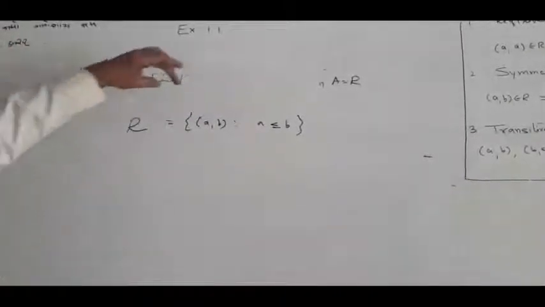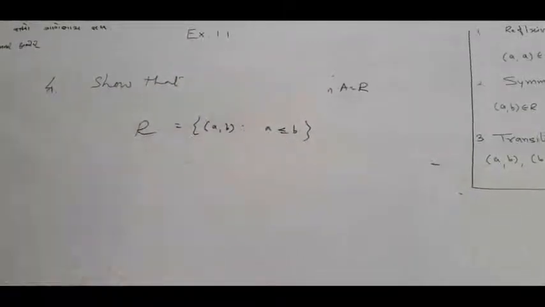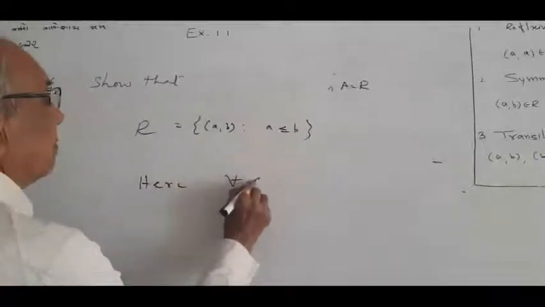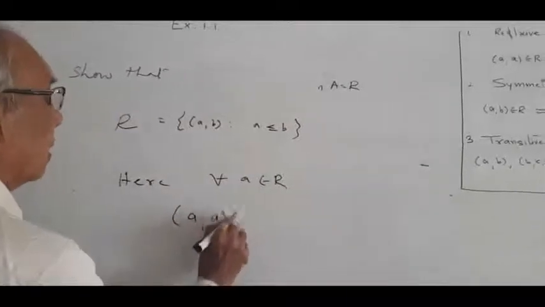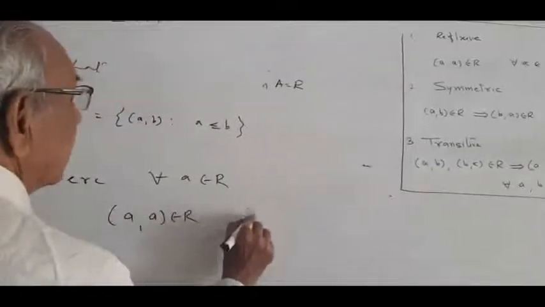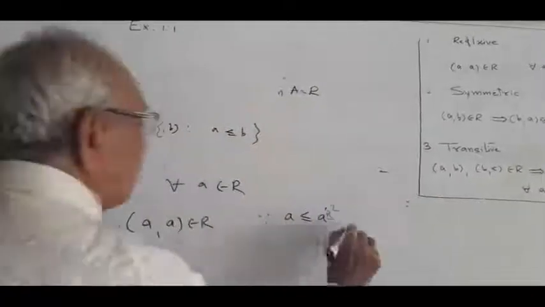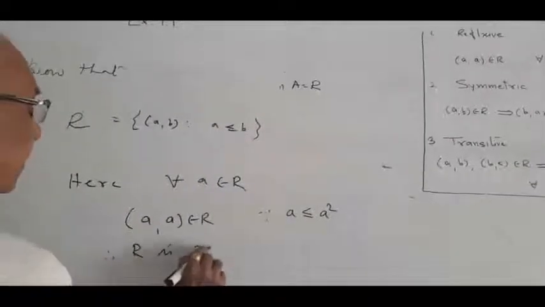Now when (a, b) belongs to R, then a is less than or equal to b. Here, for every a belonging to the real numbers, (a, a) belongs to R because a is less than or equal to a is true. Therefore, R is reflexive.